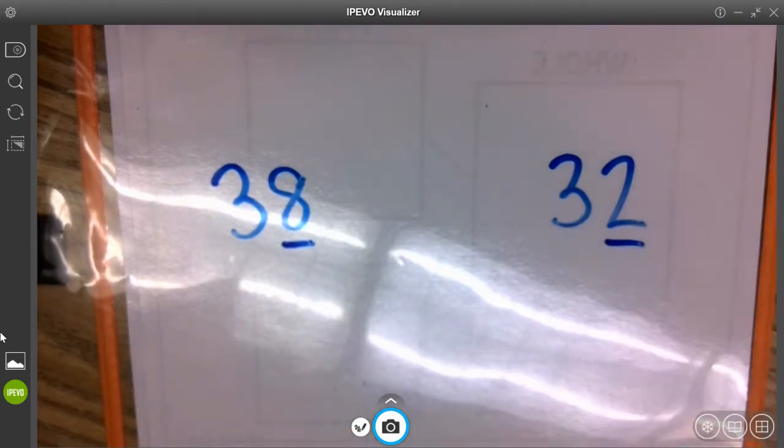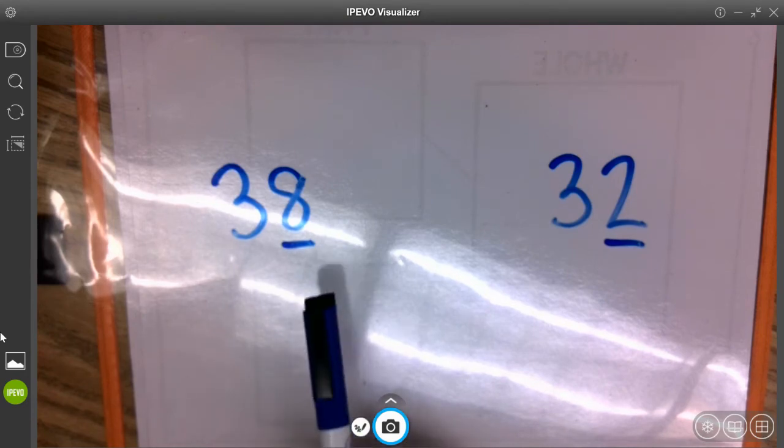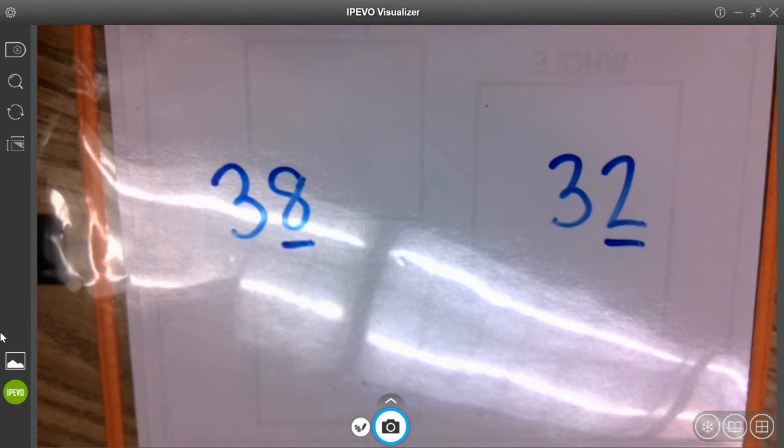So this one, we're only going to get our answer if we look at the ones. So far, we've gotten our answer from the tens. Here we had to look at the ones. Which one is he going to eat? 38 or 32? Which one is greater?